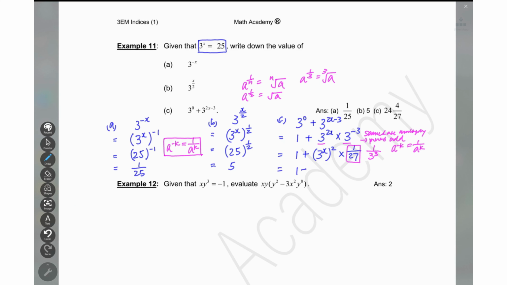So I have 1 plus 25 to the power of 2 times 1 over 27. You can just press your calculator and it will give you this answer, 24 and 4 over 27.